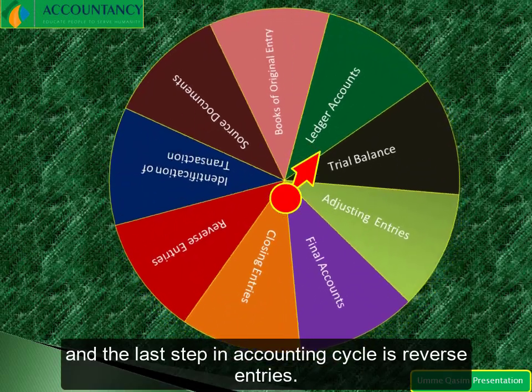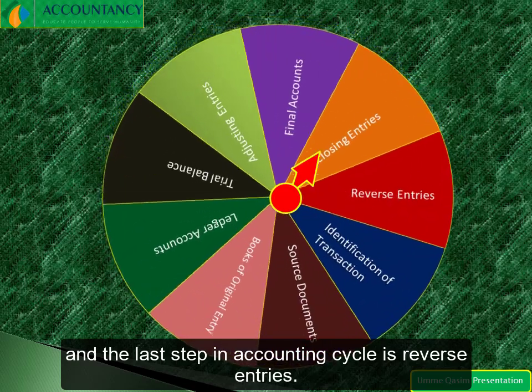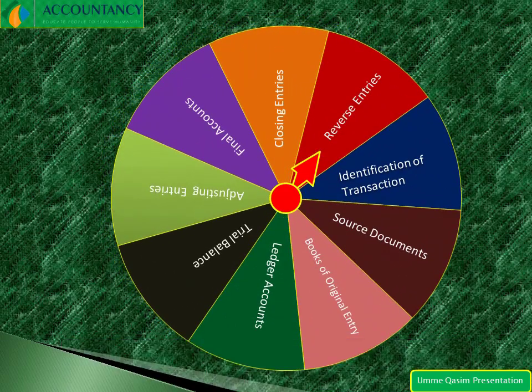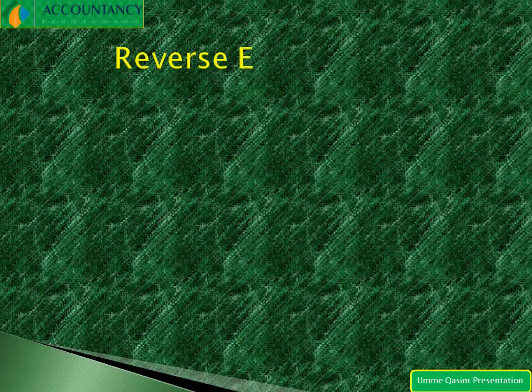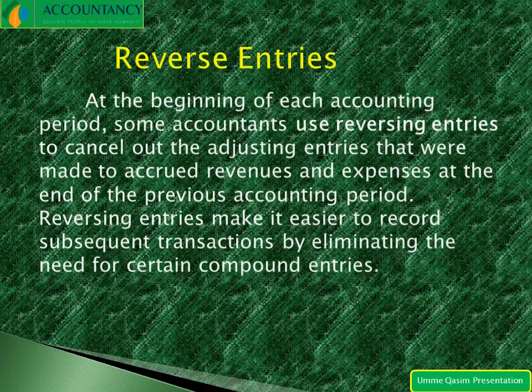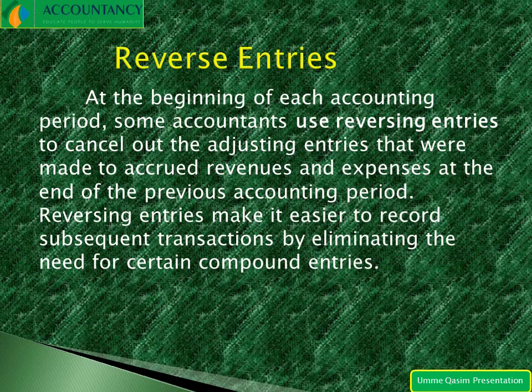And the last step in accounting cycle is reverse entries. Reverse entries. At the beginning of each accounting period, some accountants use reversing entries to cancel out the adjusting entries that were made to accrued revenues and expenses at the end of the previous accounting period.